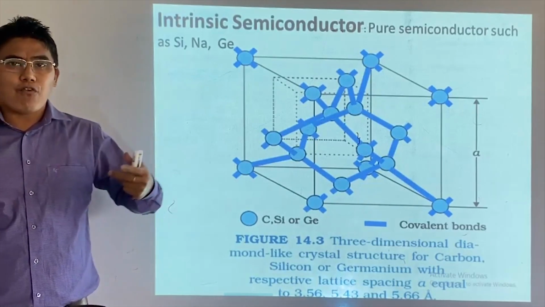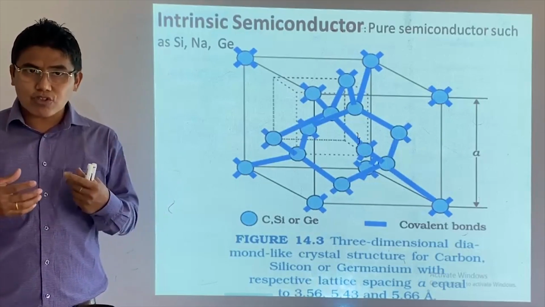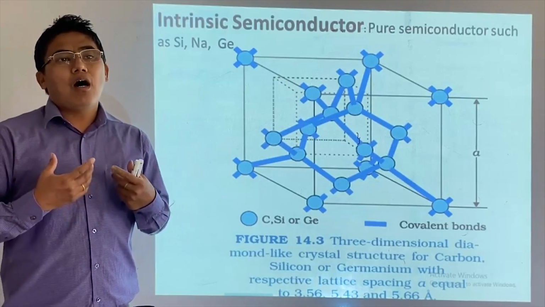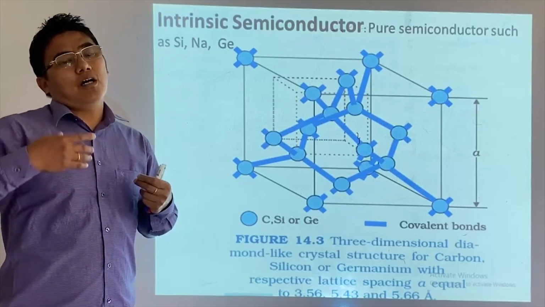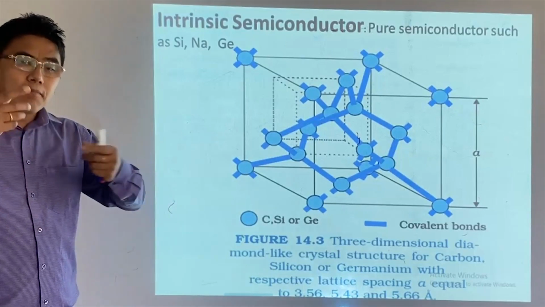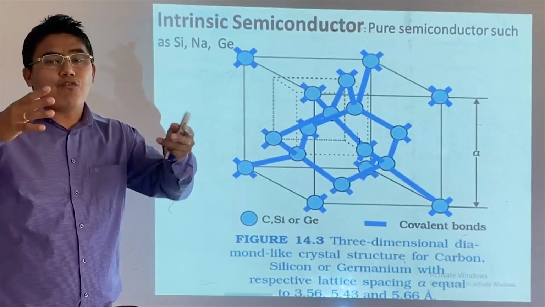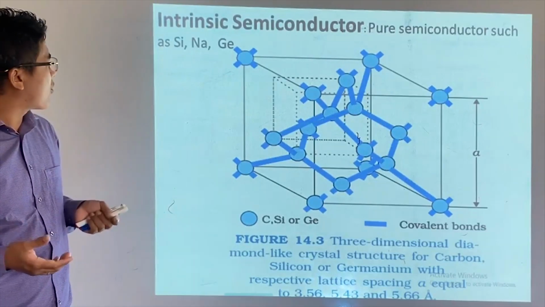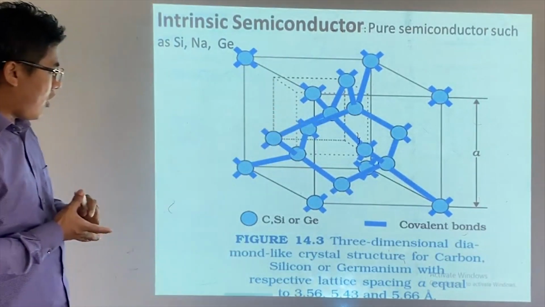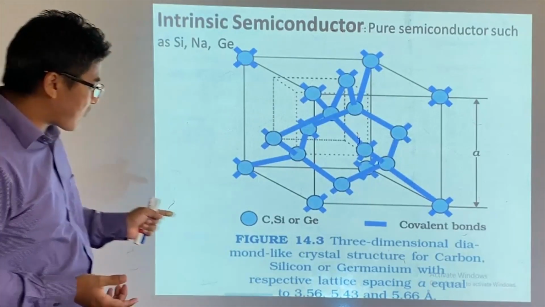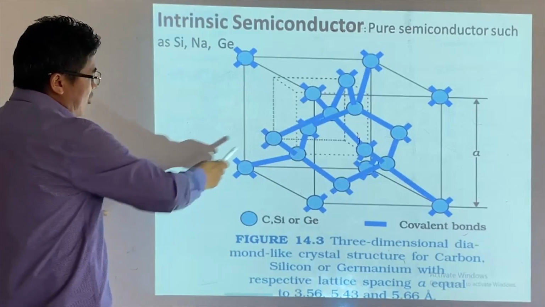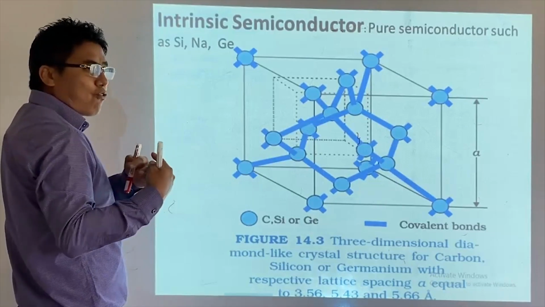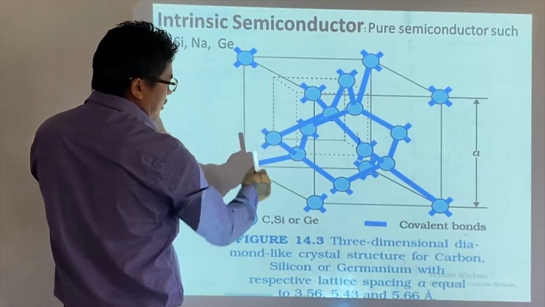Each silicon atom has 4 valence electrons, and these 4 valence electrons of individual silicon atoms start sharing with the 4 neighboring silicon atoms, forming strong covalent bonds. This is a network, a silicon crystal network. The bond is a covalent bond. Silicon has 4 outermost electrons, sharing with the 4 neighboring silicon atoms and forming a strong covalent bond.